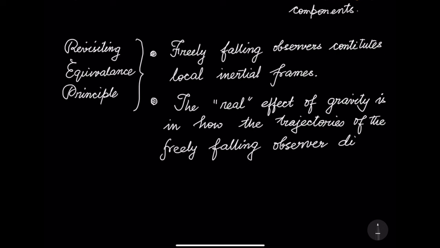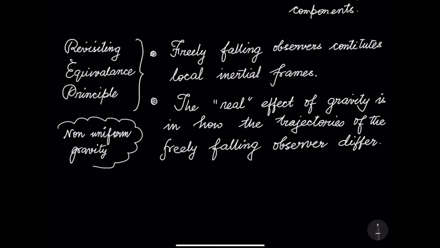So what do I mean by that? Well, if there is a uniform gravitational field, it can be completely got rid of by going to a local inertial frame defined by the freely falling observers.